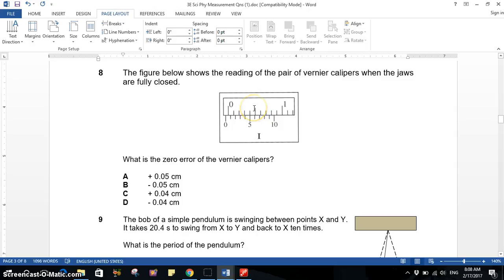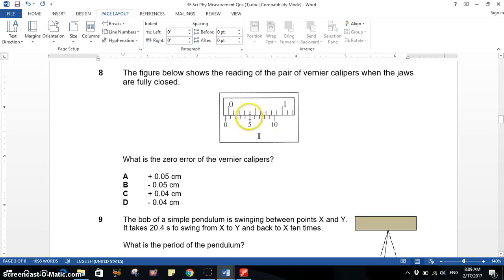or on top. In this case, our vernier scale is at the bottom. Can you see that the zero marking has overshot the zero on the main scale and it is in the negative zone? Whenever your zero has overshot the zero on the main scale, it means that you should be counting from the back to the line that is in line.